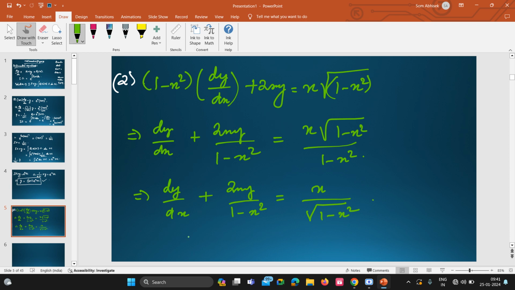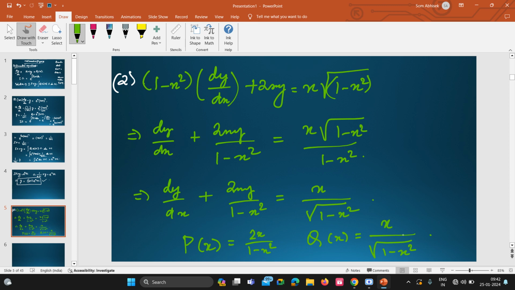Again, what is the integrating factor here? Along with y, that is Px, which is 2x by 1 minus x square. Qx is equal to x by root over of 1 minus x square, isn't it?